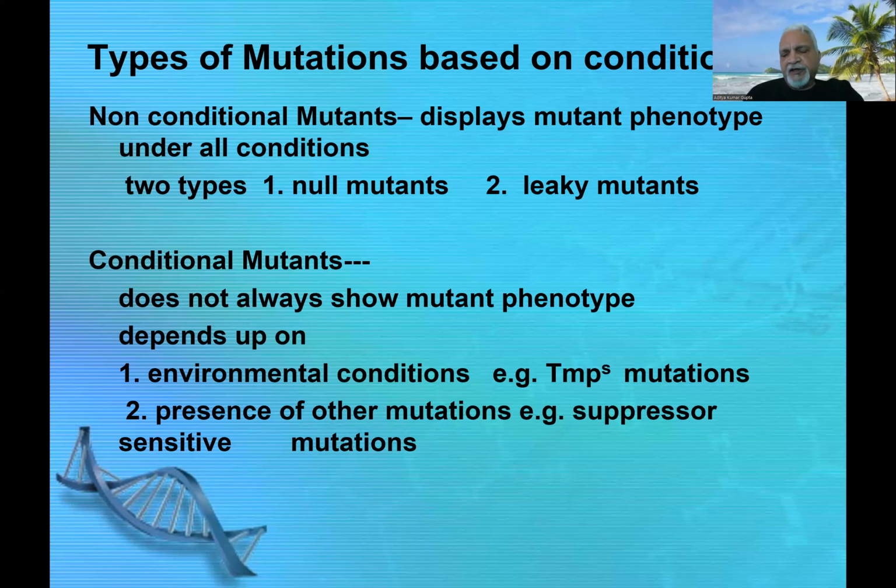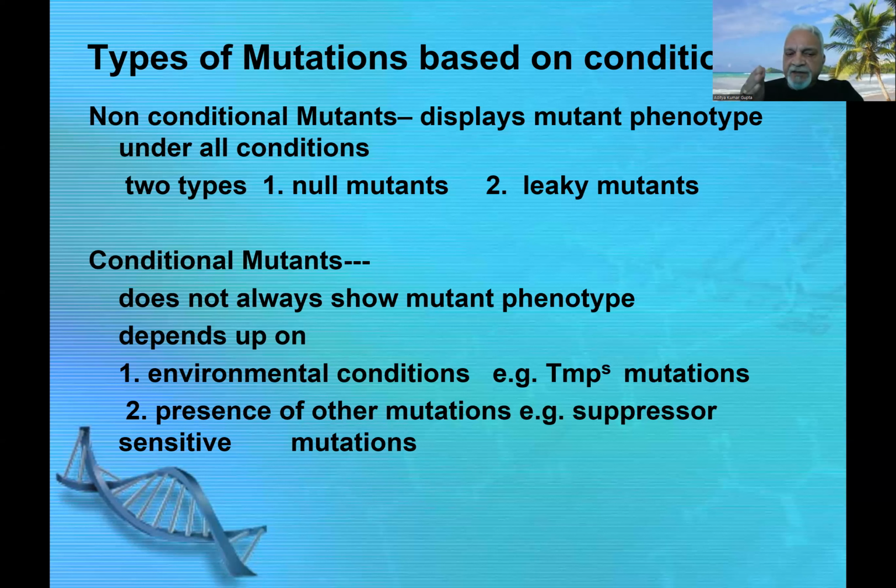Or other mutations, for example, suppressors. If there is another mutation which is suppressing the expression of an actual mutant phenotype, it means two mutations have occurred. Unless this mutation is present in that genetic background, it is not going to show the mutant phenotype. I will talk about this part towards the end, what this suppressor mutation is, basically your suppressor sensitive mutations.